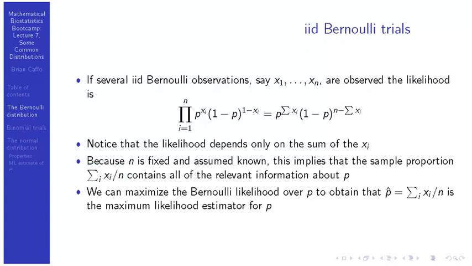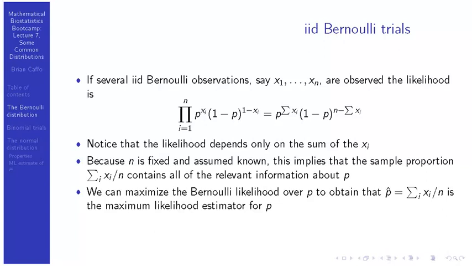You can get from one to the other easily by either multiplying or dividing by n. So the sufficiency result is basically that the proportion of successes is all the relevant information you need to make Bernoulli inference about a parameter. Now, again, this all depends on the model being correct, that you have correctly modeled the data as IID Bernoulli.